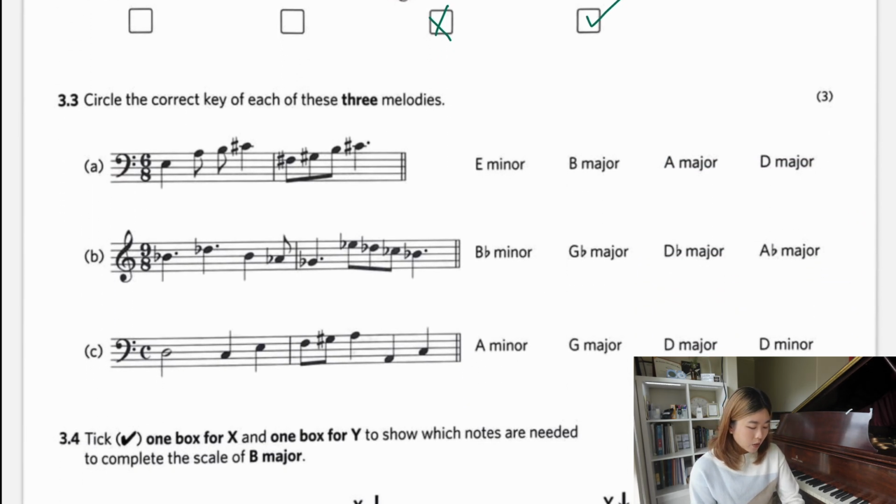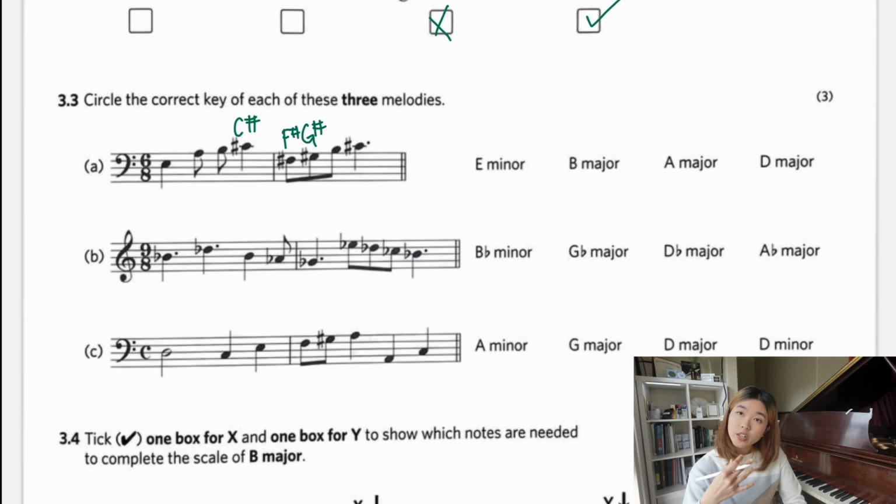Okay, next one. 3.3, circle the correct key for each melody, including they might ask you maybe a minor key or major key. So first of all, I will let you write down all the sharps that you have. And in this question, we have F sharp, C sharp, and G sharp.